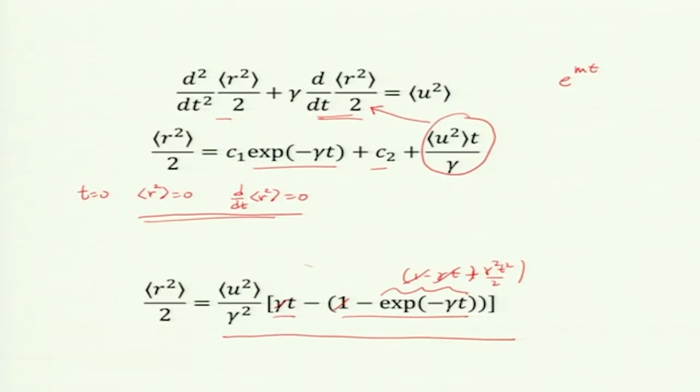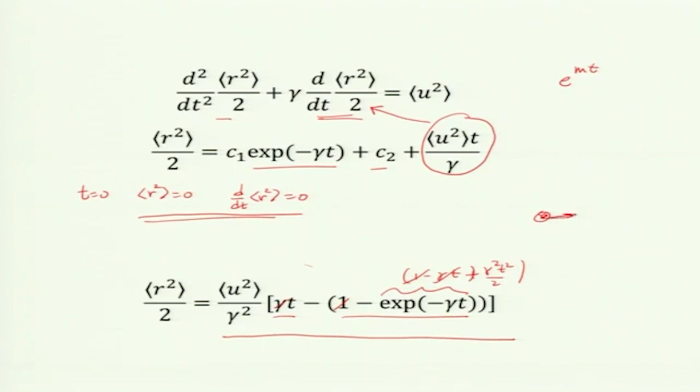But if you go for t bigger than 1 by gamma, then the kicks are trying to negate its ballistic motion. Is it clear? For short time it is going with some velocity before it gets another kick.